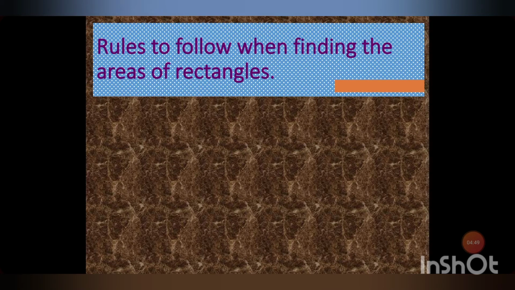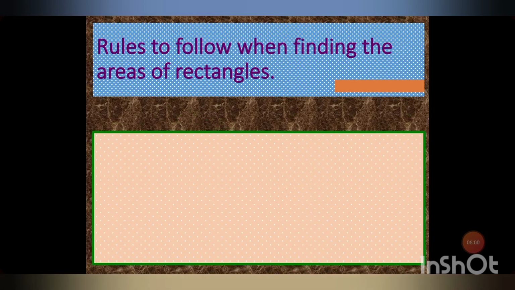So, just like most math classes, we always give you rules. So I'm going to give you some rules to follow when finding the areas of rectangles. Okay, so rule number 1, master your formula. Very important. So what's the formula here? Length times breadth or width. You must know that.